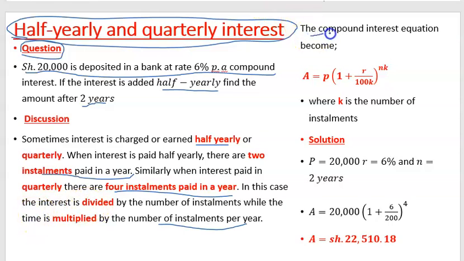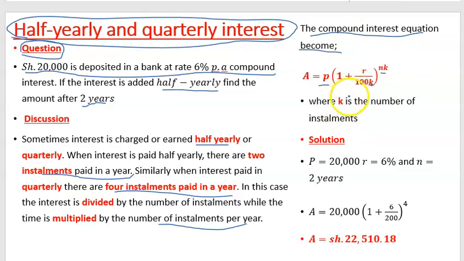And that's why the compound interest formula now reduces to amount equals principal times 1 plus the rate over 100, but this one is going to be divided by k, all raised to the power n times k, where n is the time and k is the number of installments.